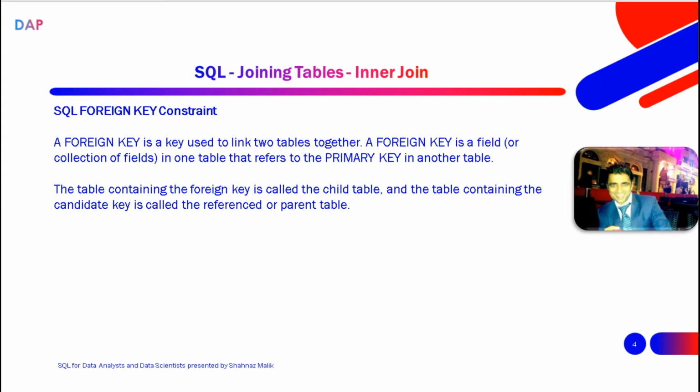The table containing the foreign key is called the child table, and the table containing the candidate key is called the reference or the parent table. This is all you have to understand and digest well before you move on.